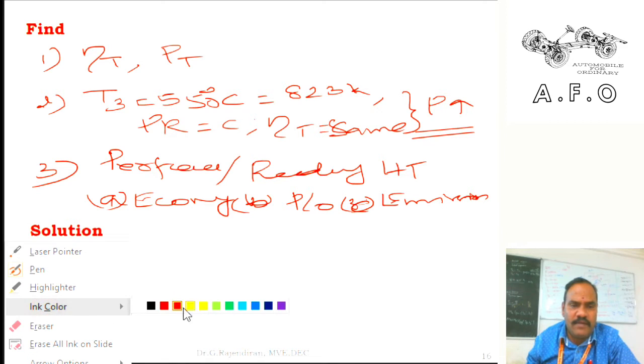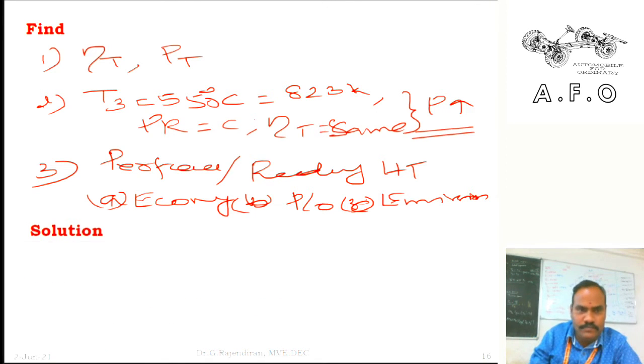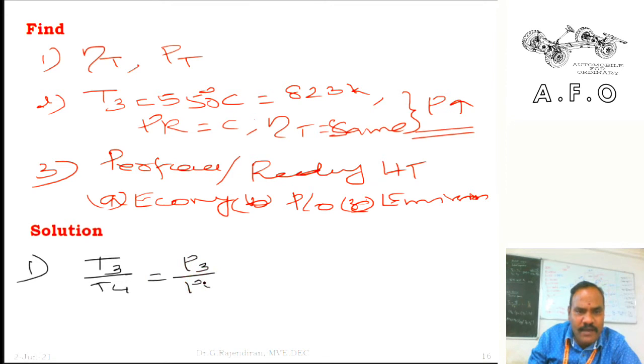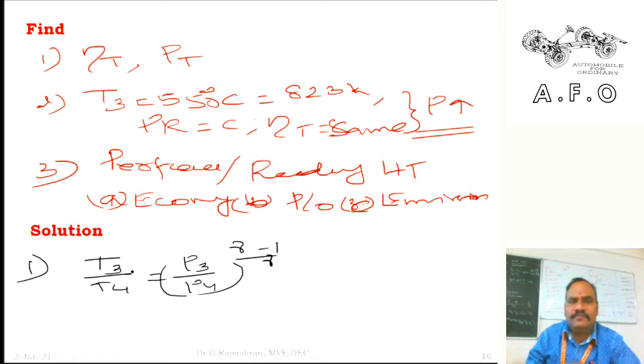What is case 1? Efficiency of the turbine. We know the isentropic relation of the turbine: T3 by T4 is equal to P3 by P4 whole to the power gamma minus 1 by gamma.